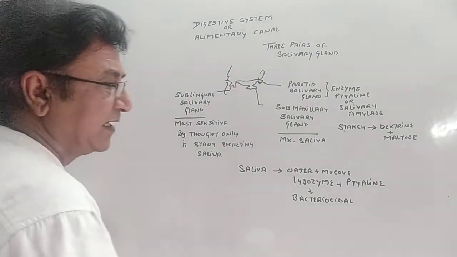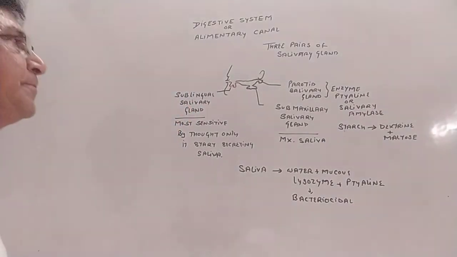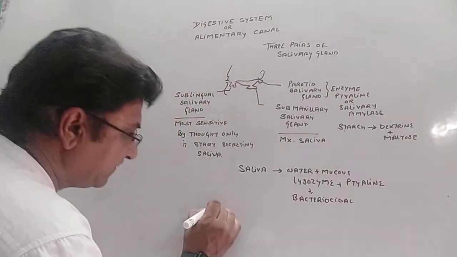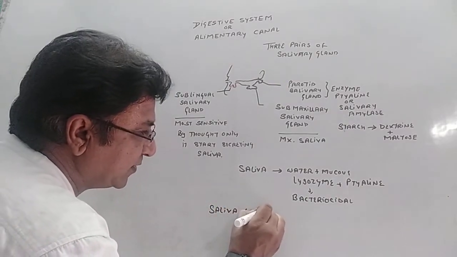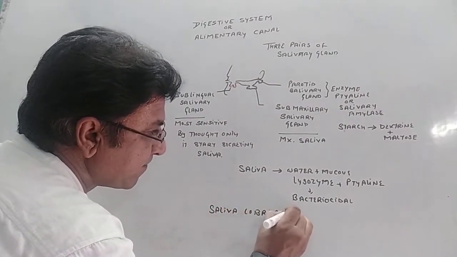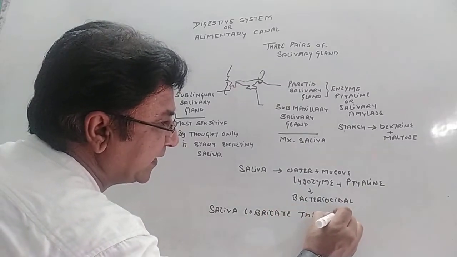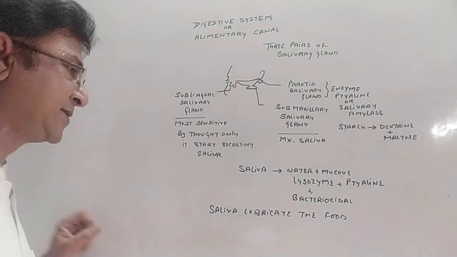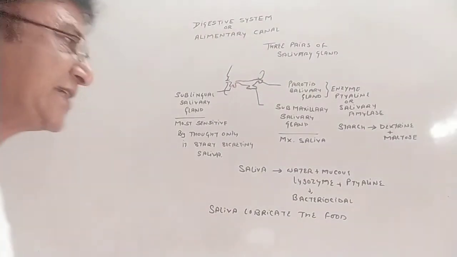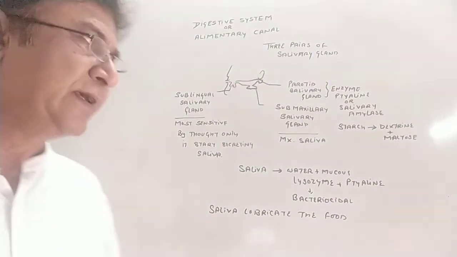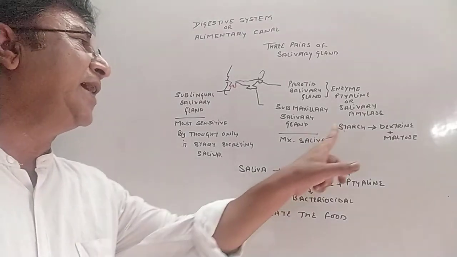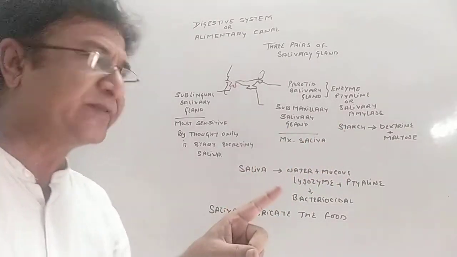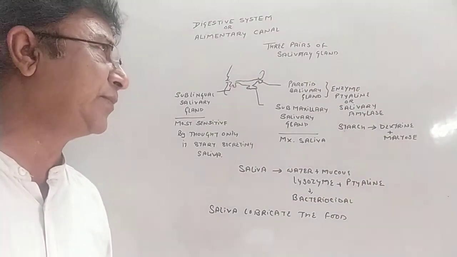Cidal means kill. It kills the bacteria. So saliva lubricates the food, which helps in engulfing it. It also kills the bacteria by lysozyme, and it also breaks the starch of the food material into dextrin and maltose.